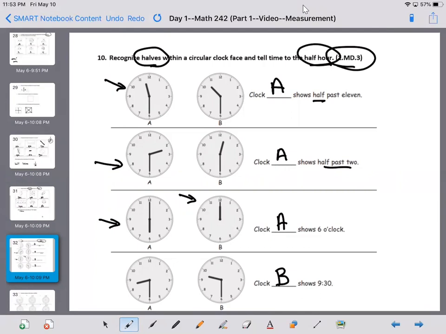Well, they're both showing 30 minutes past or half past, except clock A just shows 8:30. So the more you can really question and the more that they can see, oh, well, half past is the same as 30 minutes past, or 30 minutes till or half past. All of those terminology pieces mean the same.